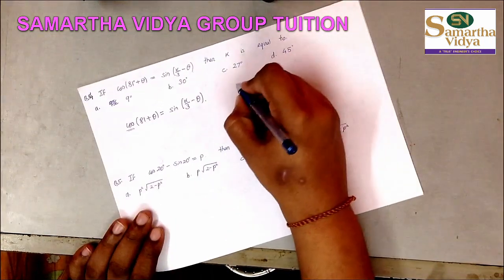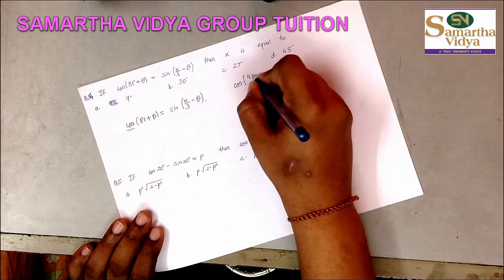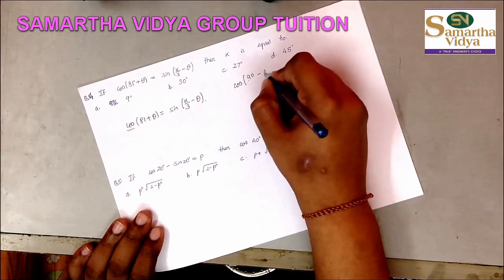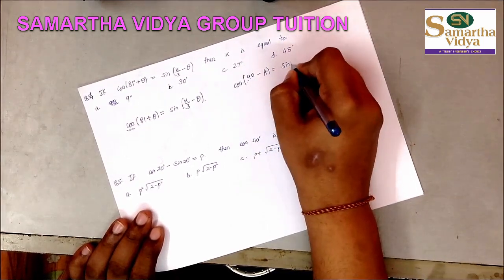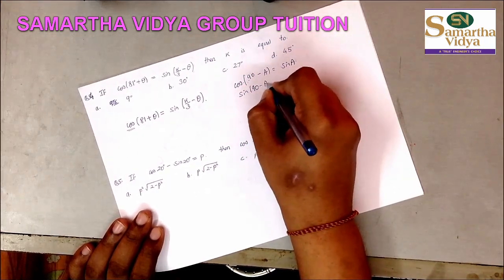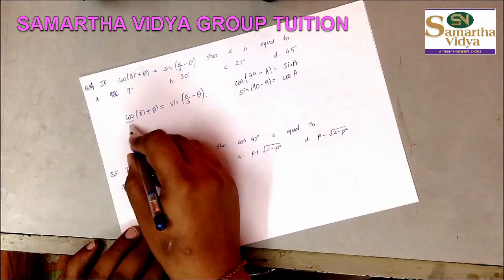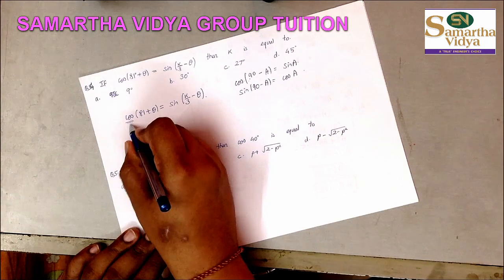We'll be using the formula that is cos of 90 minus a is sine a, or we can use sine of 90 minus a is cos a. So we are converting cos to sine.